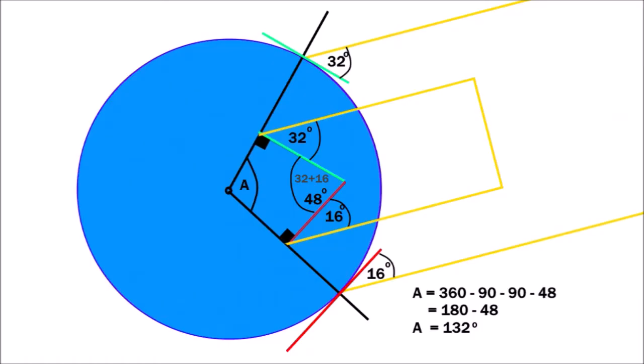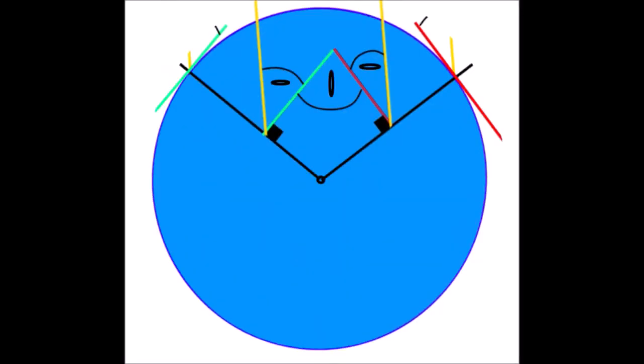Now I'll put these angles in a diagram as you see here. And this is just simple geometry. We can get the angle between the two locations on the circle to be 132 degrees. Now you see the globe is very happy.